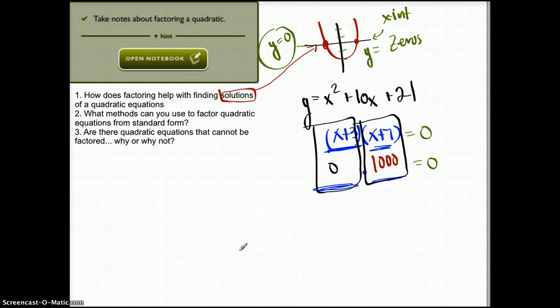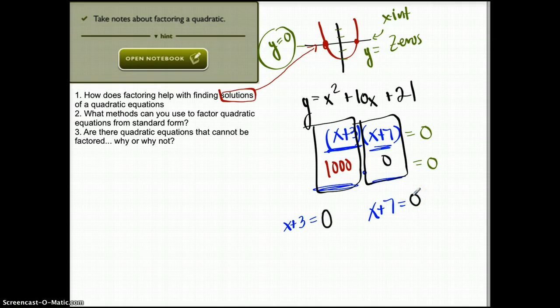So what I'm going to do is set each number equal to 0. I'll set this first one, x plus 3, equal to 0, because that will make this equation true. If this was equal to 0, the product would be 0. If I switch the possibilities, the other possibility is if I had x plus 7 equal to 0.